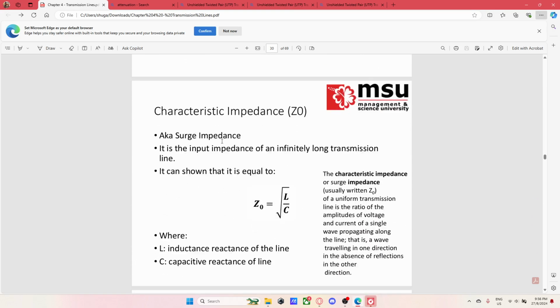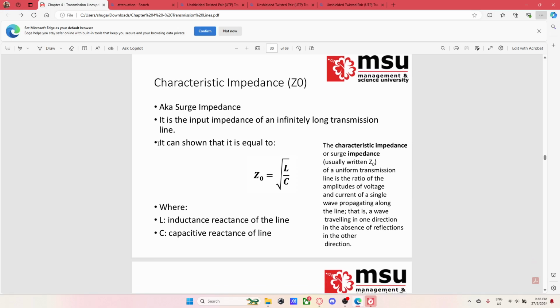Okay, but what we really need to focus on is the impedance Z0. This is the surge impedance. It is the input impedance of an infinitely long transmission line, and it can be shown that Z0 is equal to the square root of inductance over capacitance.